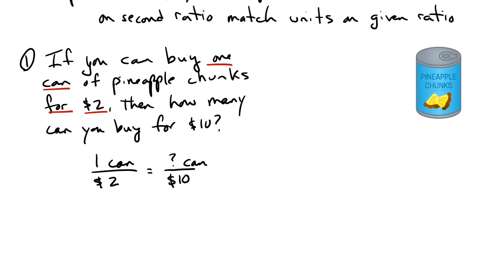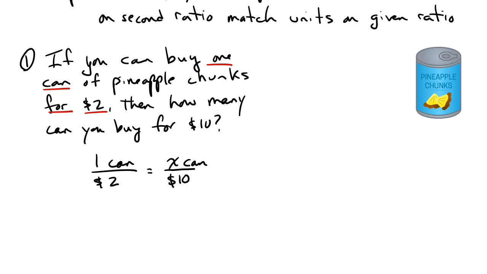So instead of writing that question mark, we're going to put an X. So my given ratio is set up as cans over dollars. My new ratio, when I set up my proportion, I have to have cans over dollars. So that's why you need to write the units so that you get them set up correctly. Now I can solve the proportion.